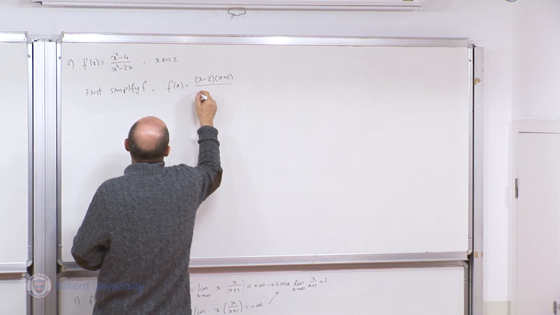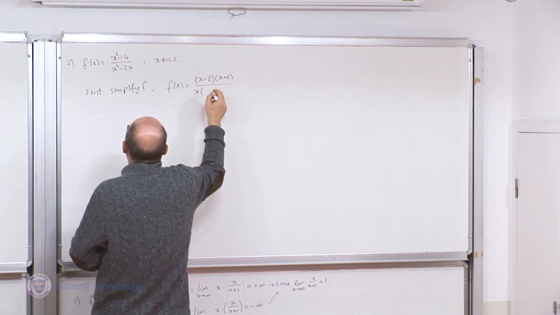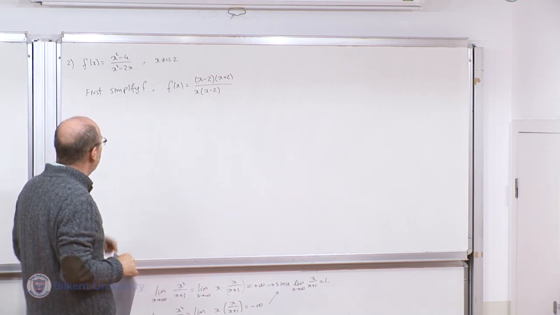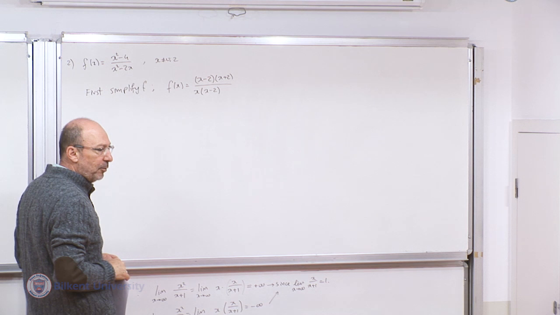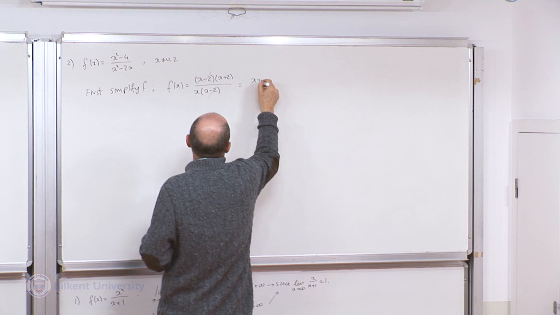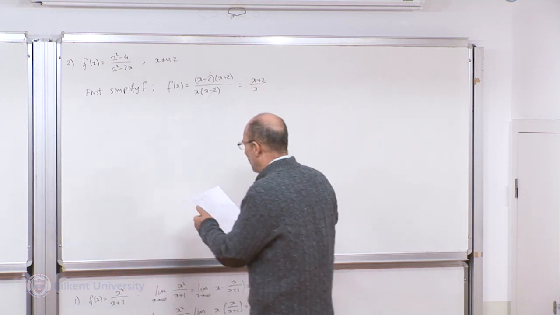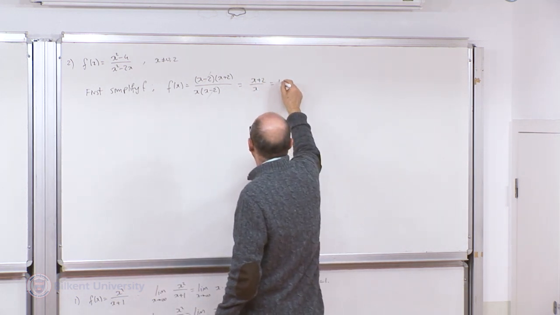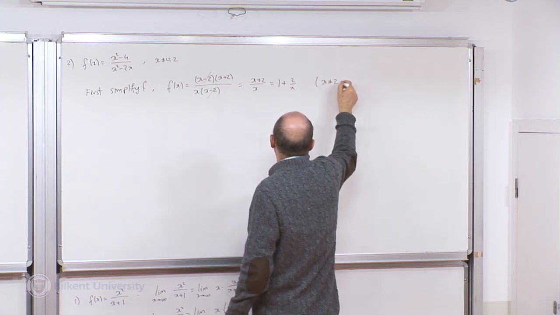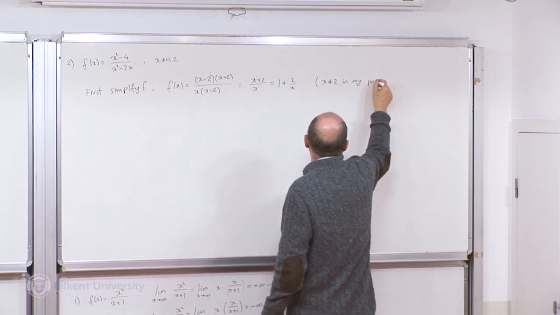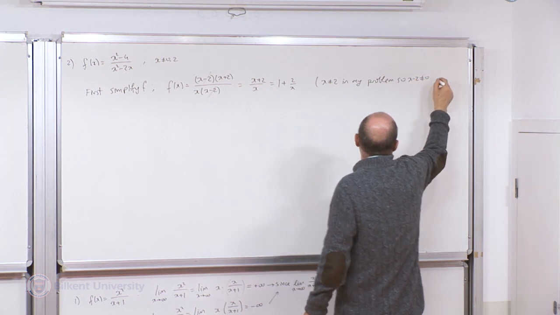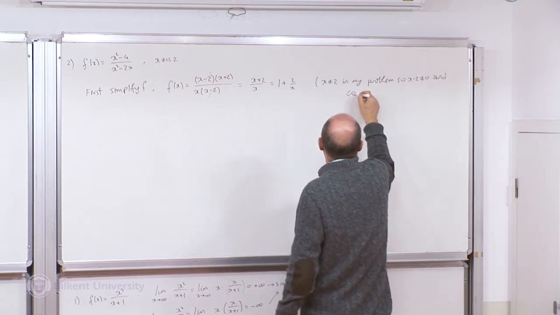And here I take out x, and I have x minus 2. Since x is never 2 in my problem, I can cancel these out. I have x plus 2 over x. And of course, now I can write this as 1 plus 2 over x. x is different than 2 in my problem, so x minus 2 is different than 0 and can be simplified.